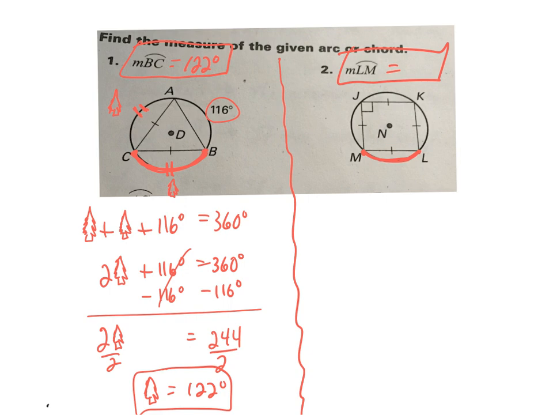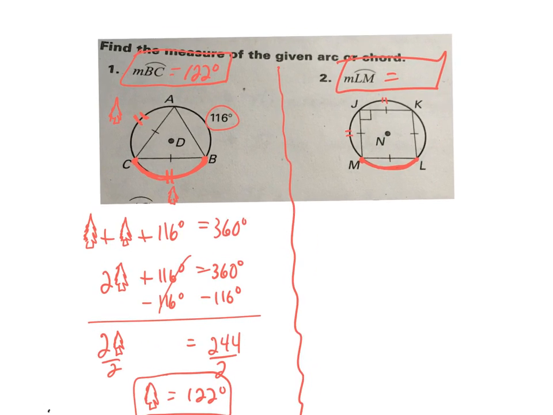Therefore, using some tick marks here, we could say that arc JM is equal to arc KJ. That's also going to be equal to arc KL, and that's going to be equal to arc LM. So in other words, all 4 arcs are equal. So if we just give the arcs a name like G, then all of them would be G.